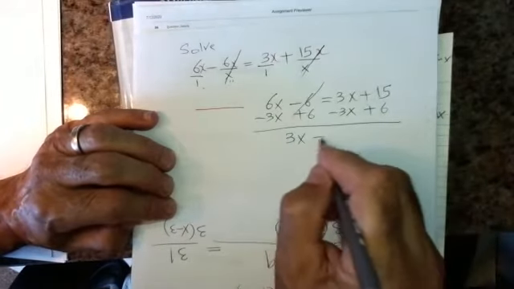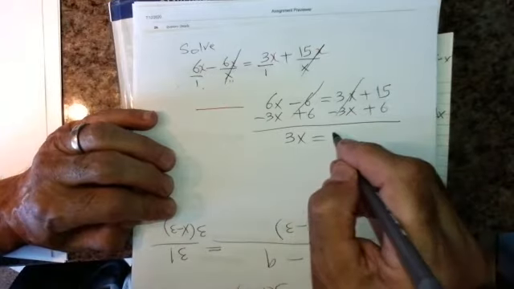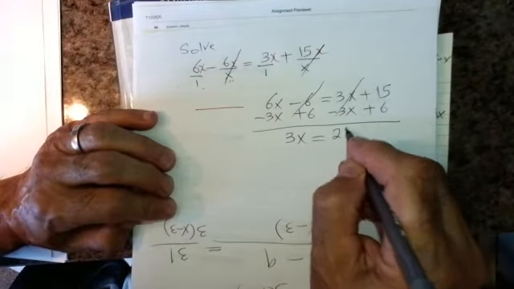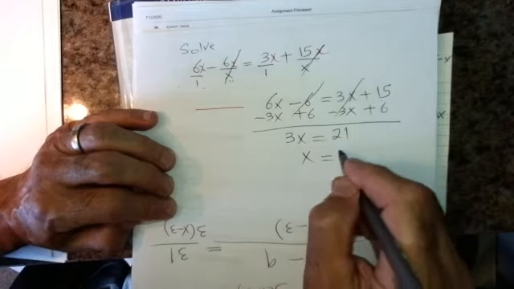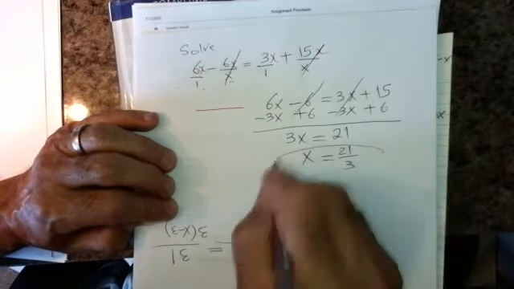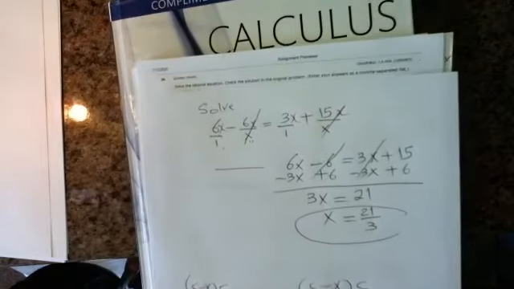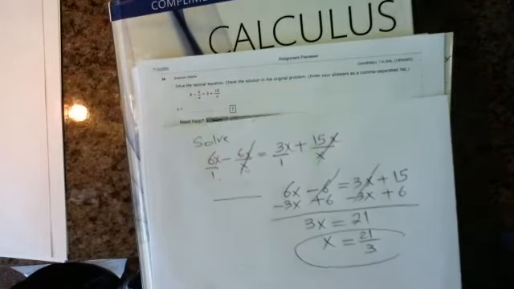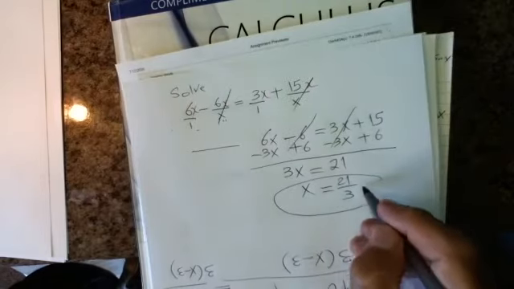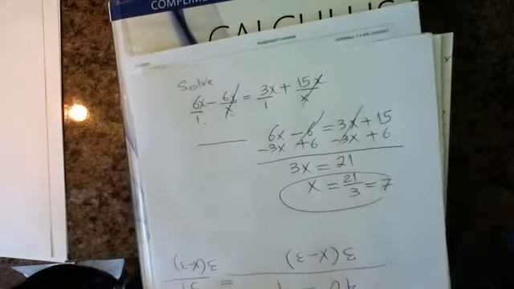So 3x is equal to 21, or x is 21 divided by 3, or 7.